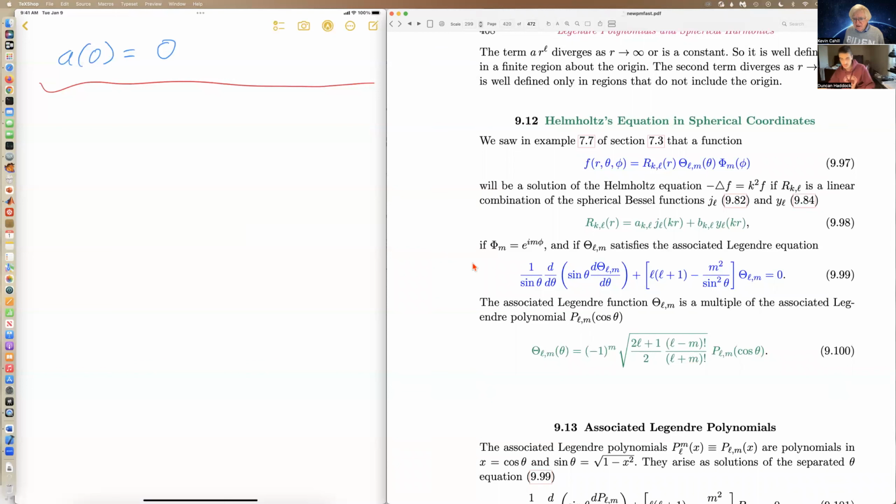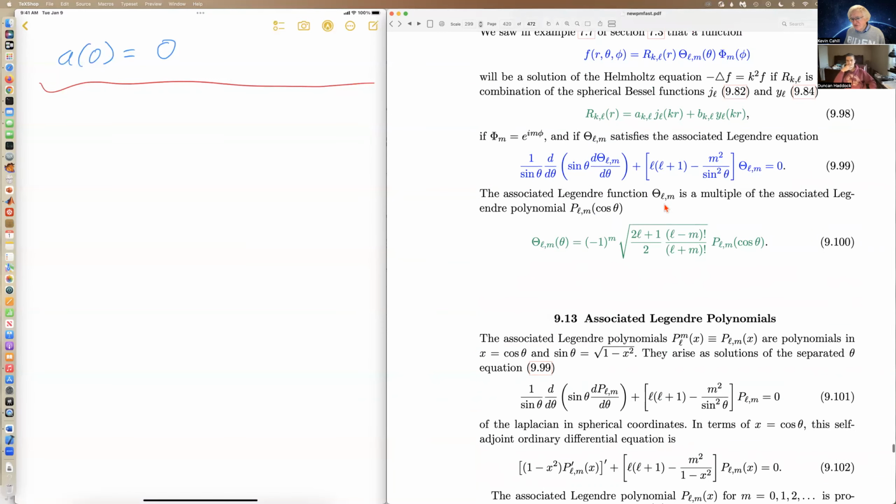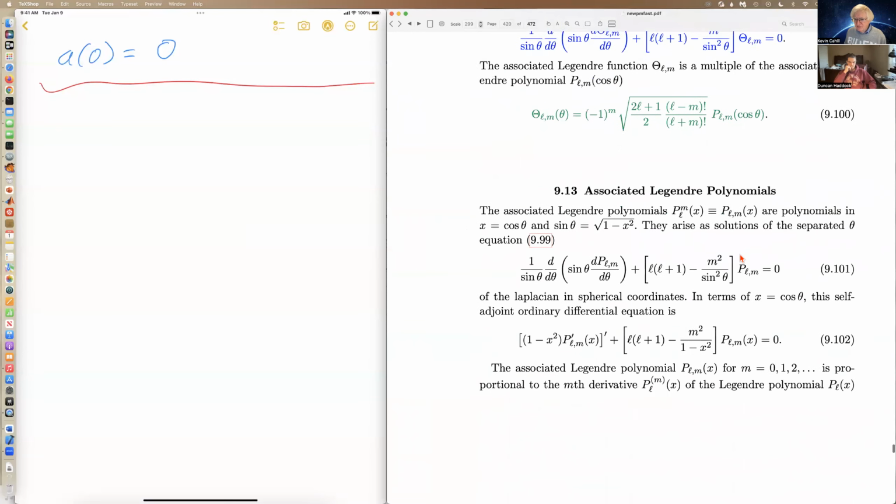Theta, once again, if we set e to the im phi, then Theta has to satisfy this equation, which is the associated Legendre equation. And the associated Legendre function is a constant multiple of the associated Legendre polynomial.